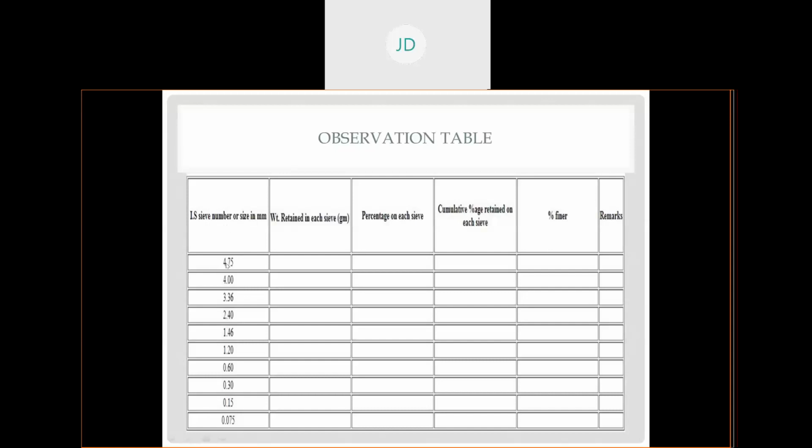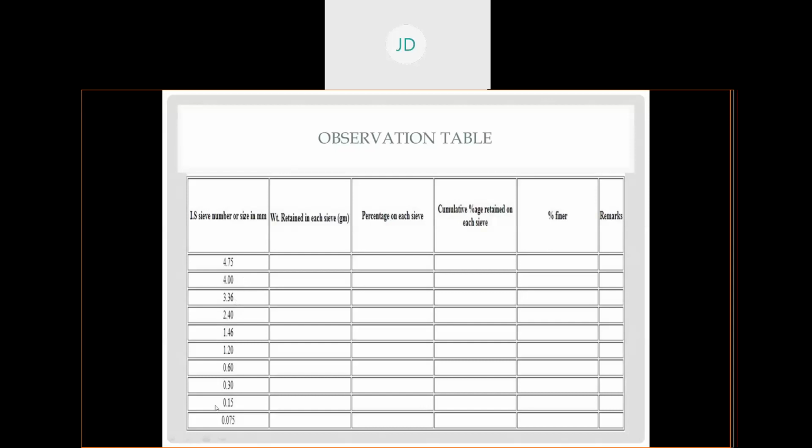So a 4.75 IS sieve, an Indian standard sieve, means that particular sieve has a grid size of 4.75 millimeter. Like that we have a number of sieves. This represents one sieve, 4 millimeter is a different sieve, and other sieves have other dimensions.